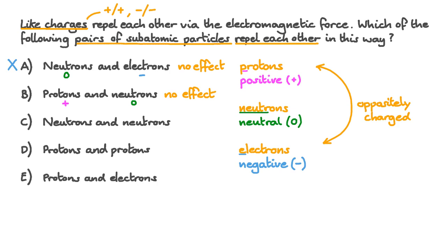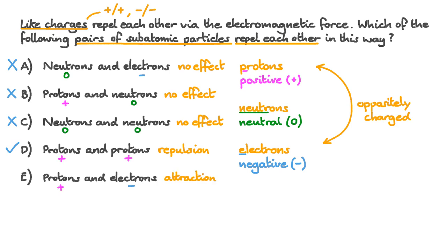Although other forces do help protons and neutrons bind together. And when we only have neutral particles, neutrons with neutrons, we definitely won't see any electromagnetic interactions. But we will see repulsion between protons and protons, since they're both positively charged. So we've found our answer, but let's check the last one just in case.